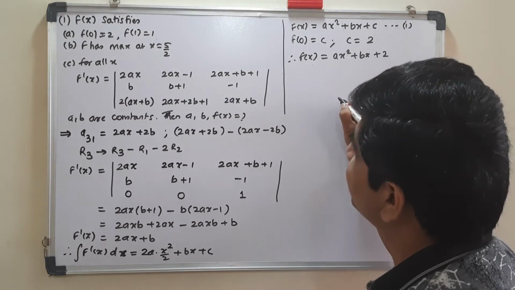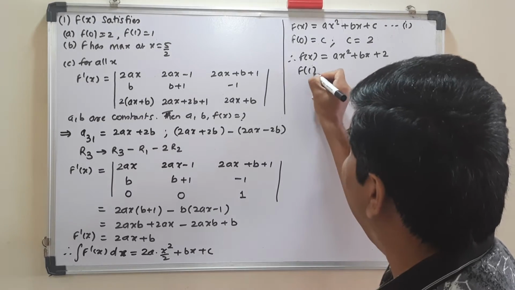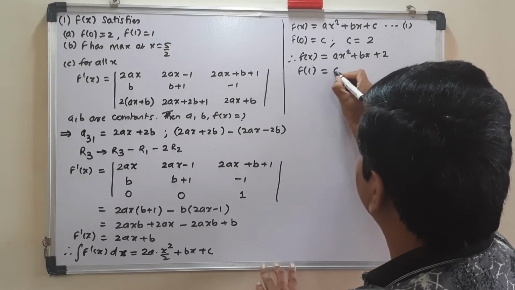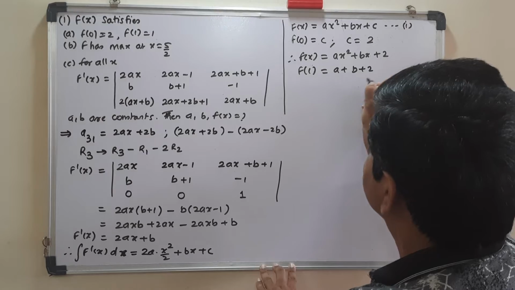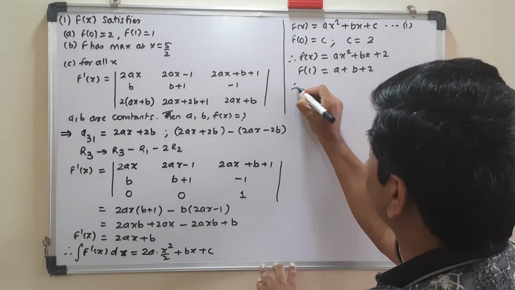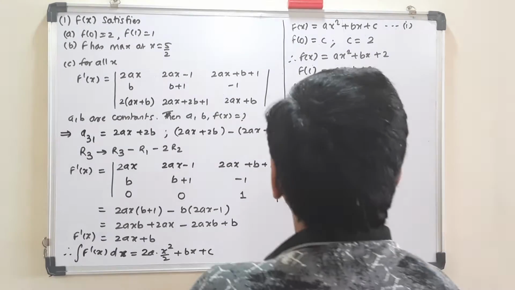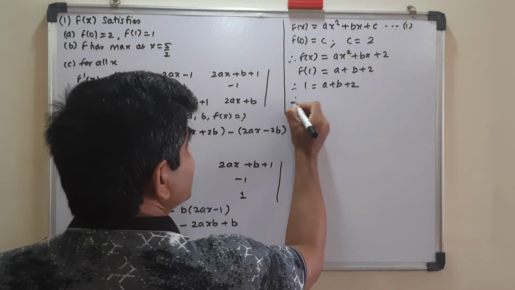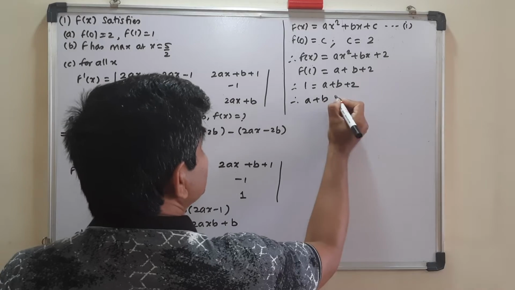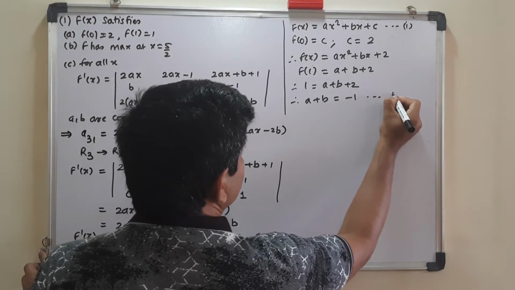Now taking function of 1, I get function of 1 to be a plus b plus 2, and function of 1 is already 1, so 1 is equal to a plus b plus 2, which gives me a plus b is equal to minus 1.